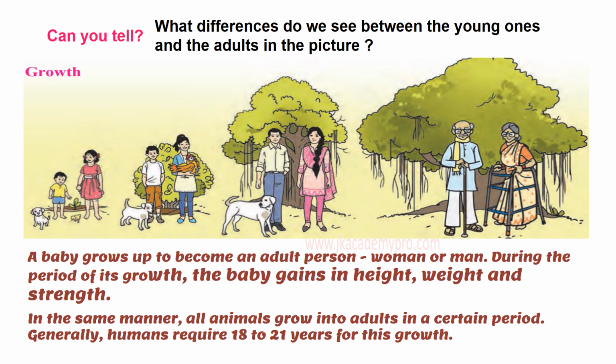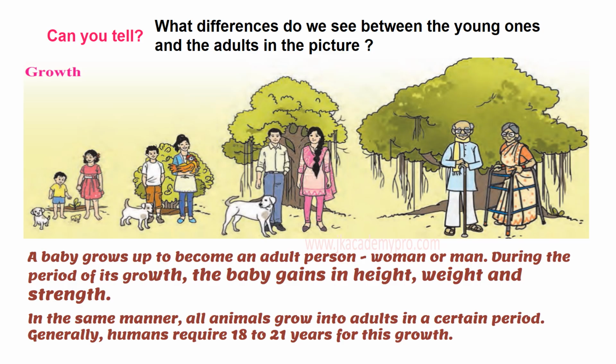Now, here again, look at this picture carefully. What differences do you see between the young ones and the adults in the picture? In the first picture, you see two young children. Then you find a young girl and a boy. Then you find a lady and a man. And in the final picture, you find an old man and an old woman, as well as a small puppy.